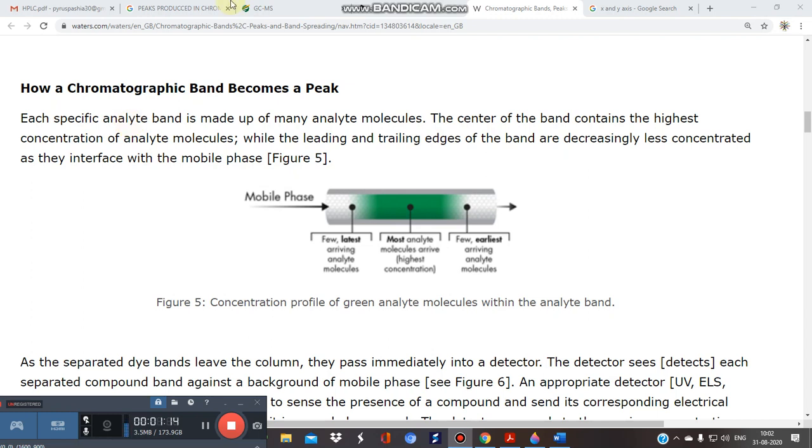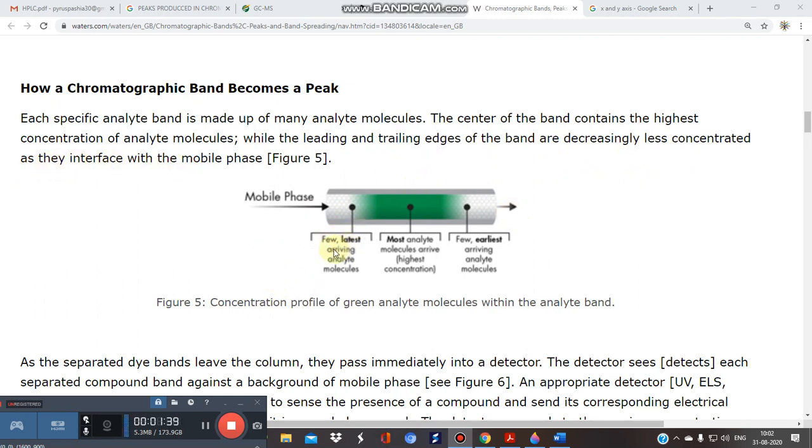And the center of the band contains the highest concentration of analyte molecules. We assume that the center of the band contains the highest concentration of the analyte molecules, while the leading and trailing edges of the band are decreasingly less concentrated as they interface with the mobile phase.